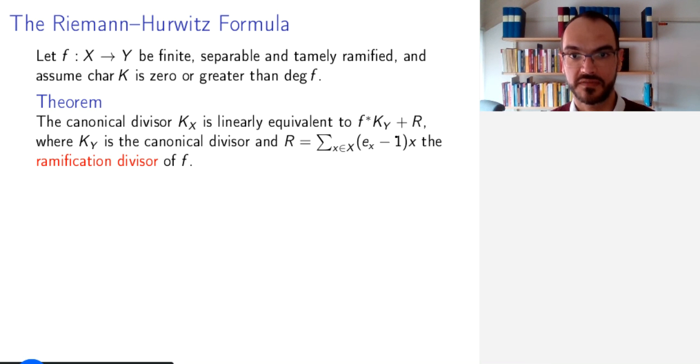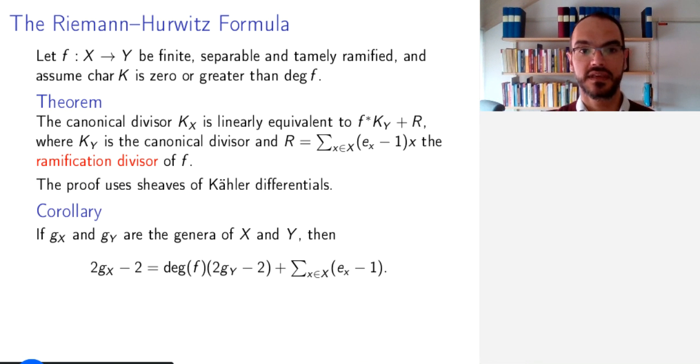And remember, this is different from 0 only at finitely many points, because there are only finitely many ramified points. So this is indeed a divisor. So if you do not remember the definition of the canonical divisor or of these constructions, you can go back to the lecture on divisors.